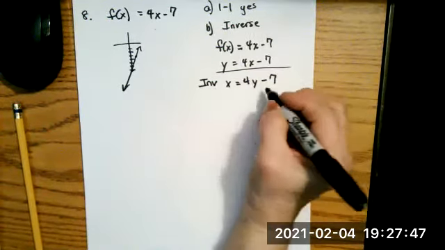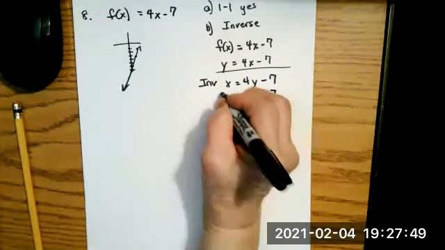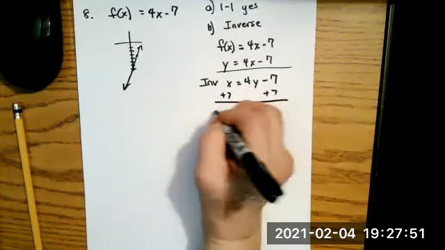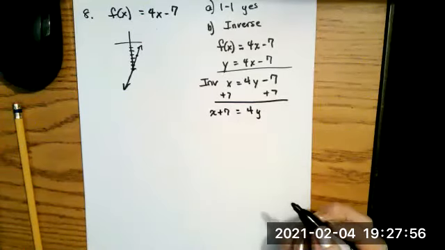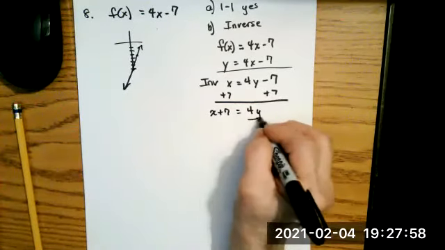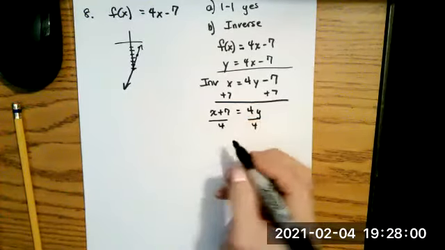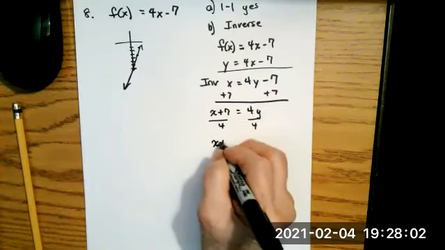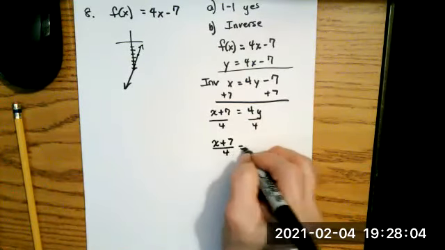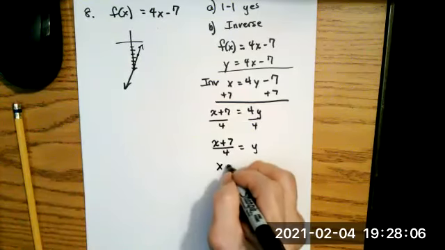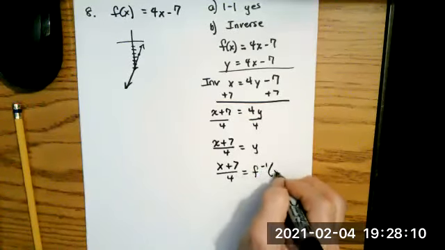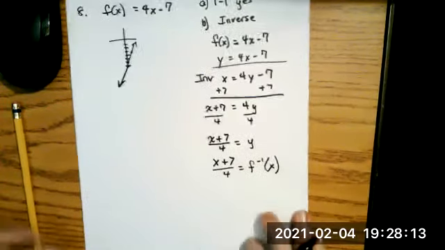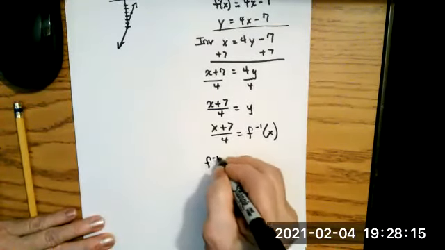Now I solve for y, adding 7. I get x plus 7 equals 4y. Divide by 4. Change it to inverse. And you can put it over to the other side and make it pretty.